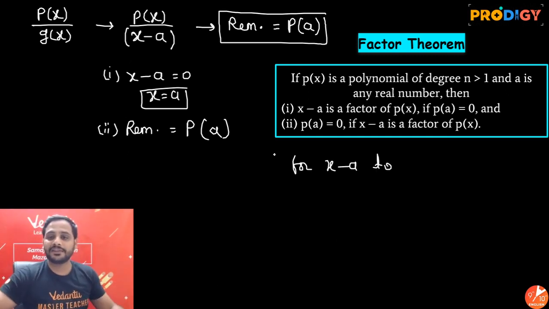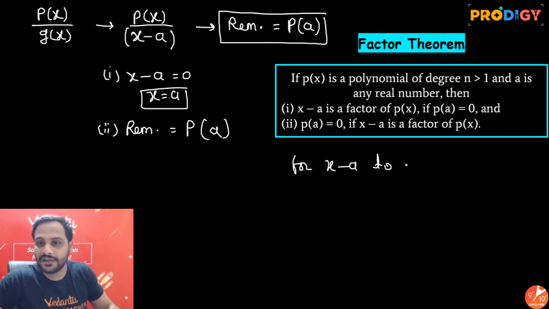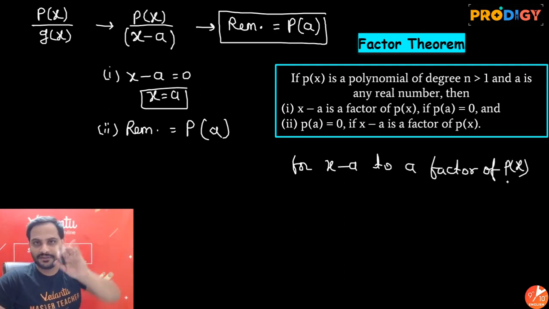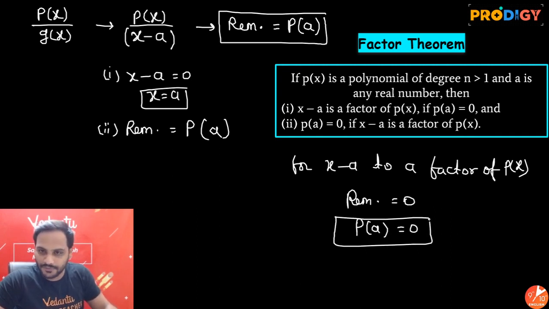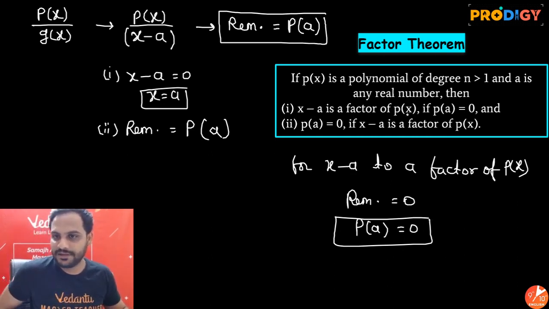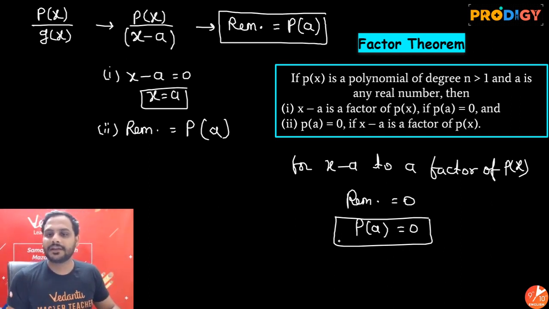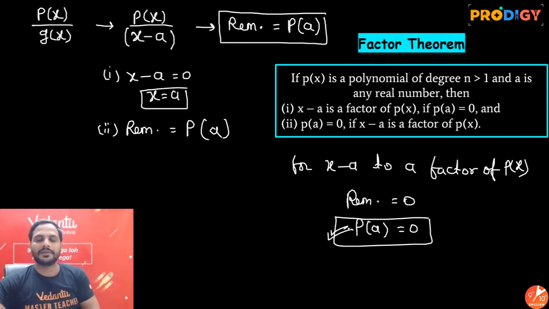So for x minus a to be a factor of this polynomial p(x), we want remainder to be equal to 0. That means p(a) must be equal to 0. So from here we get to know that x minus a will be a factor of p(x) if p(a) is equal to 0. Simple, we are making remainder 0.